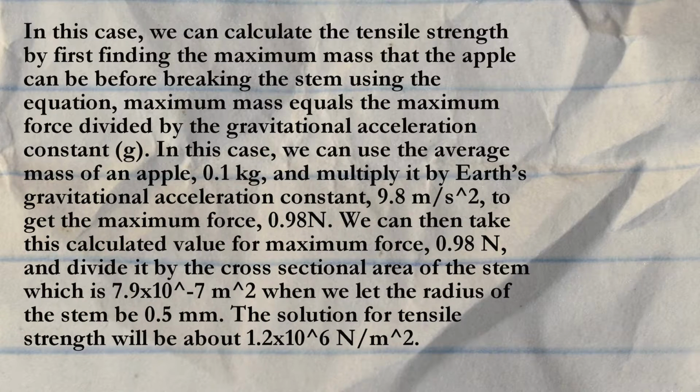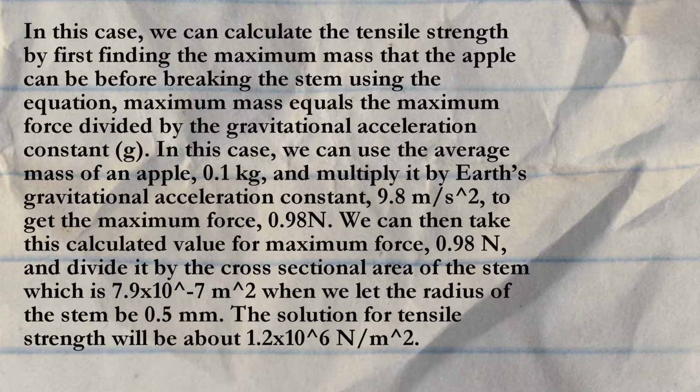In this case, we can calculate the tensile strength by first finding the maximum mass that the apple can be before breaking the stem, using the equation: maximum mass equals the maximum force divided by the gravitational acceleration constant. In this case, we can use the average mass of an apple, 0.1 kilograms, and multiply it by the Earth's gravitational acceleration constant, 9.8 meters per second squared, to get the maximum force, 0.98 newtons.